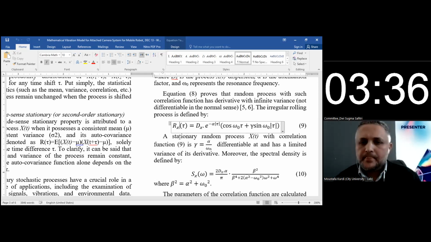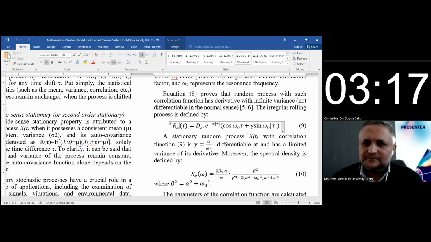Okay, so it looks like you are talking about the angular velocity, right? Yeah, angular velocity, something like that. Okay, and you assume that this is going to be stationary. That's true. Okay.